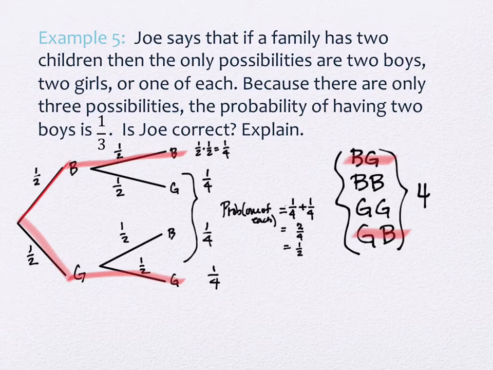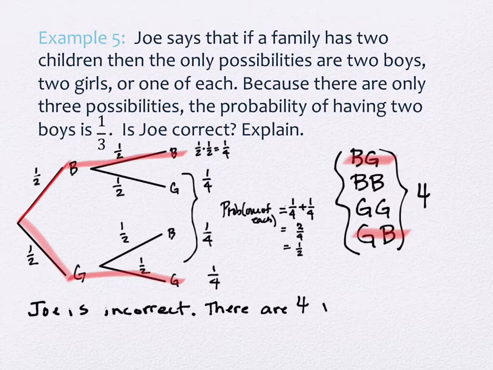So we need to answer Joe. We haven't done that yet in words, but this is the supporting work to show why it's not going to hold like this for him. So Joe is incorrect, and he's incorrect because there are 4 ways to have 2 children.